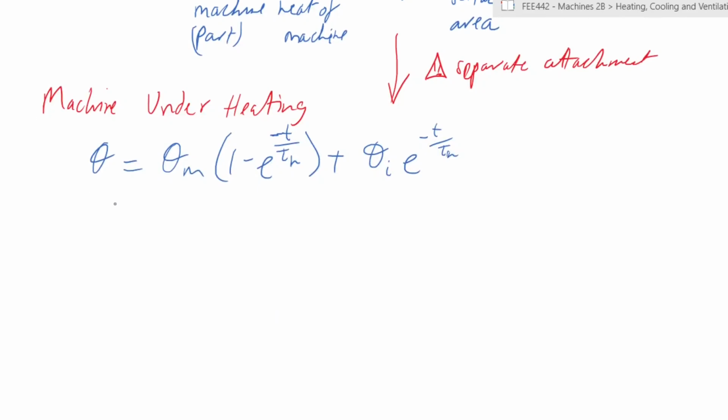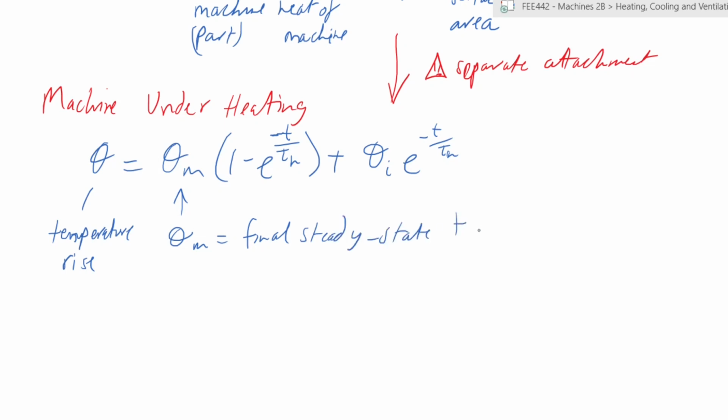So you have theta, which is your temperature rise. The amount of temperature rise, the degrees over which the machine will heat up, is given by theta m, where theta m is the final steady state temperature rise.